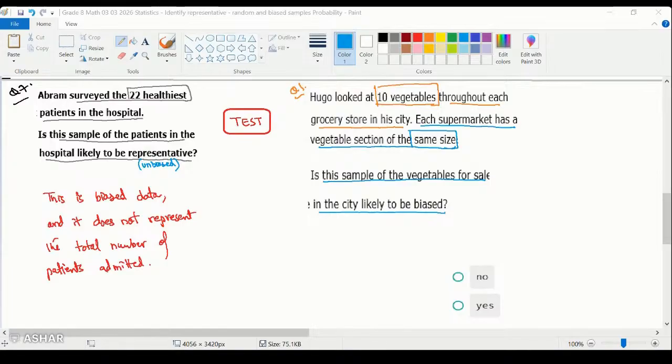Same size and same number of vegetables. Remember that. Some supermarkets can have 10 aisles, some can have 20 aisles, but he is only going to the supermarkets which have an equal number of aisles, and he is not looking at 5 vegetables in one supermarket, 8 in one and 10 in one.